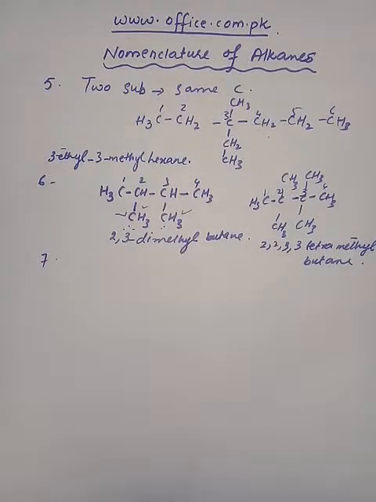When two chains of equal length compete for selection as the parent chain, as we have seen in the first rule in case of hexane, you will choose the chain with the greatest number of substituents.